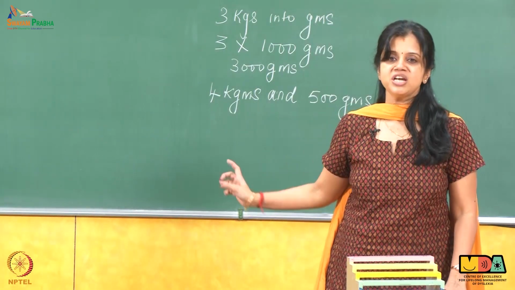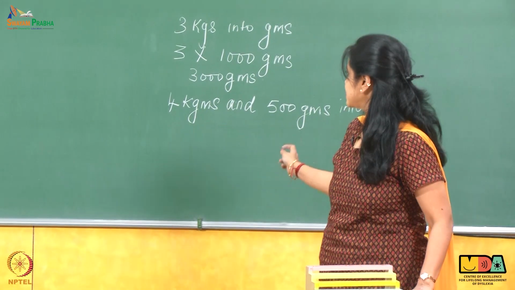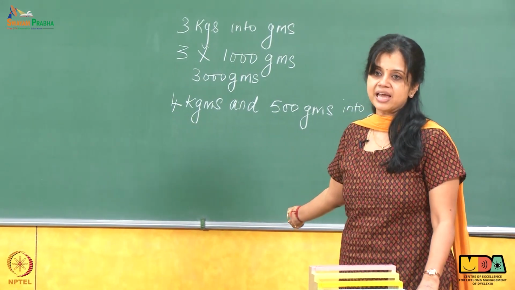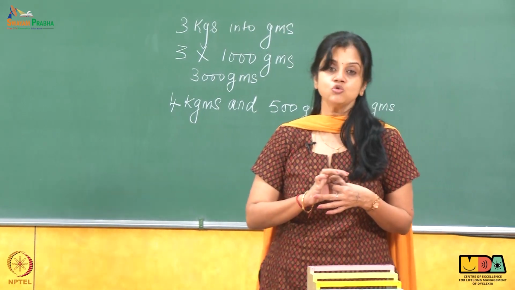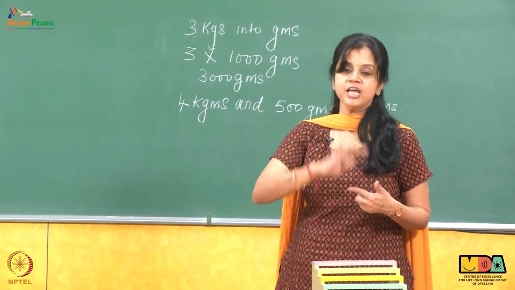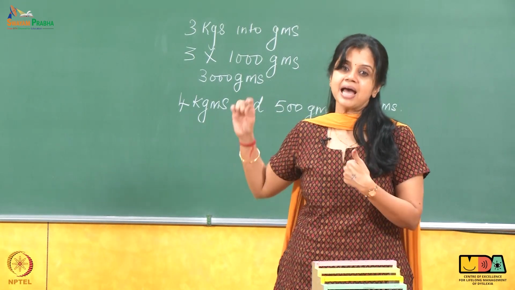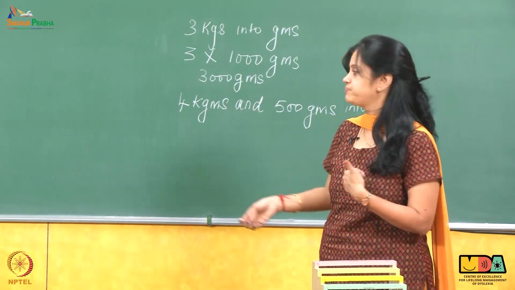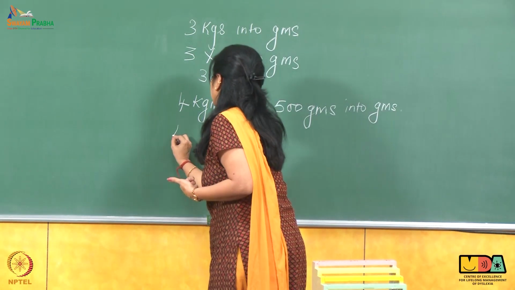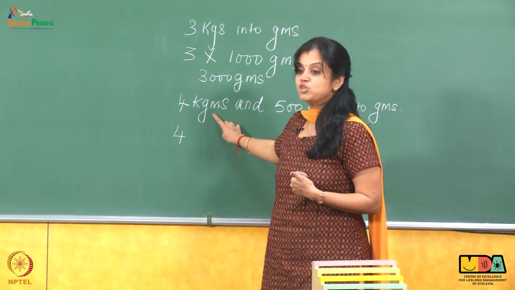Now let us look into the next sum that I put up on the board. It says 4 kilograms and 500 grams. That means there are 2 units. Even here the instruction that we give to children is going to be the same. They are going to first write the number as it is given there. Determine where the coin has to be placed.